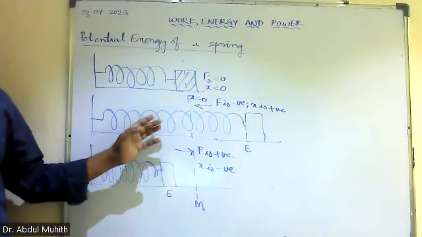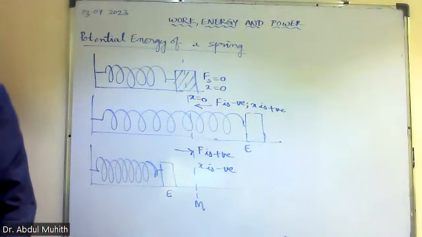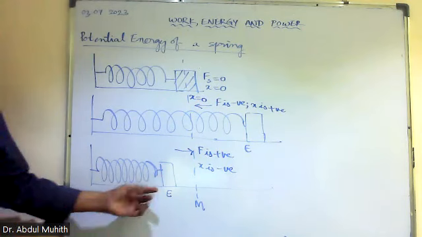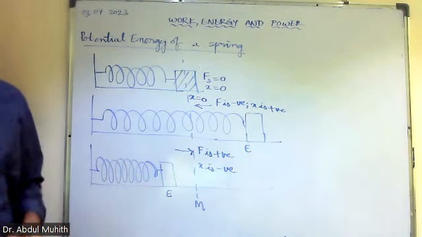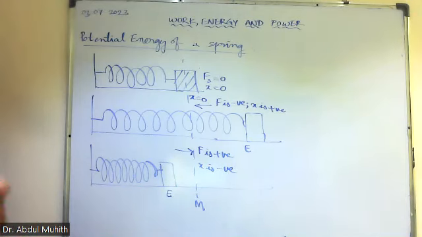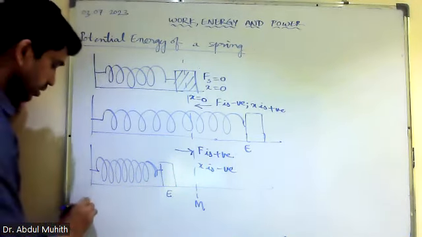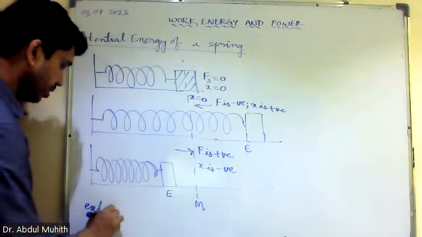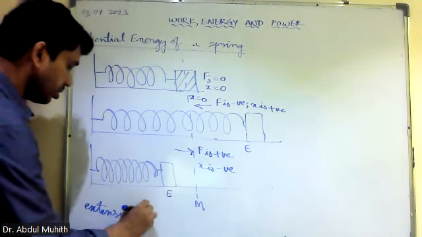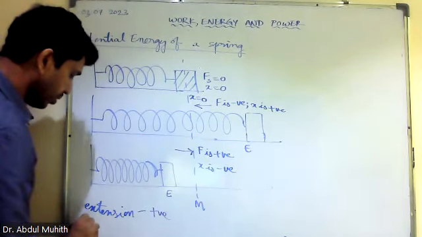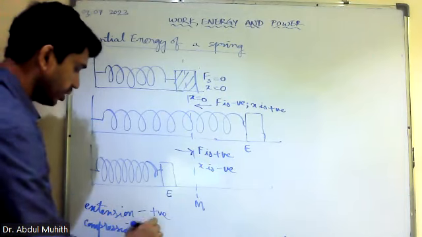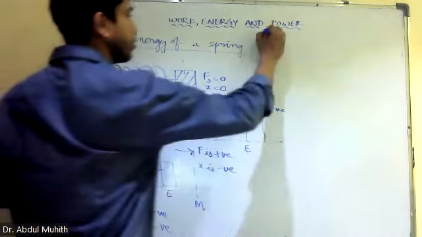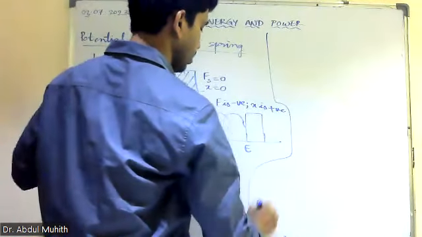When the spring is compressed, force is positive but x is negative. Extension is taken as positive and compression is taken as negative.